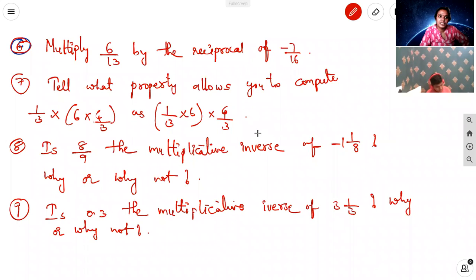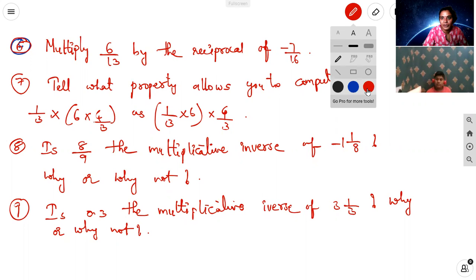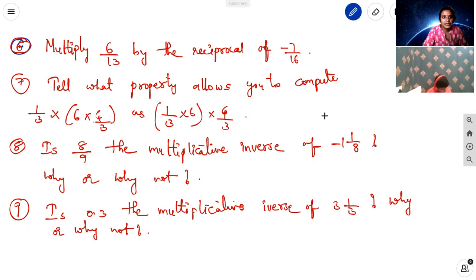Now the sixth question is: multiply 6 by 13 by the reciprocal of minus 7 upon 16. Seventh one: tell what property allows you to compute 1 by 3 into 6 into 4 by 3 as 1 by 3 into 6 into 4 by 3.